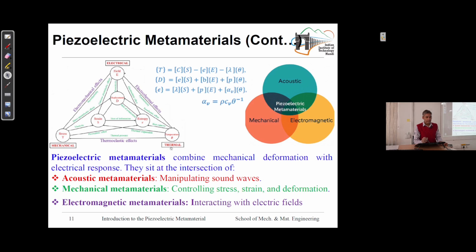I think this has already been discussed, so I will not go into much detail. Generally, the thermal coupling can be ignored because it gives the pyroelectric effect, which is not so significant in comparison to the direct piezoelectric effect. So sometimes we can ignore this.